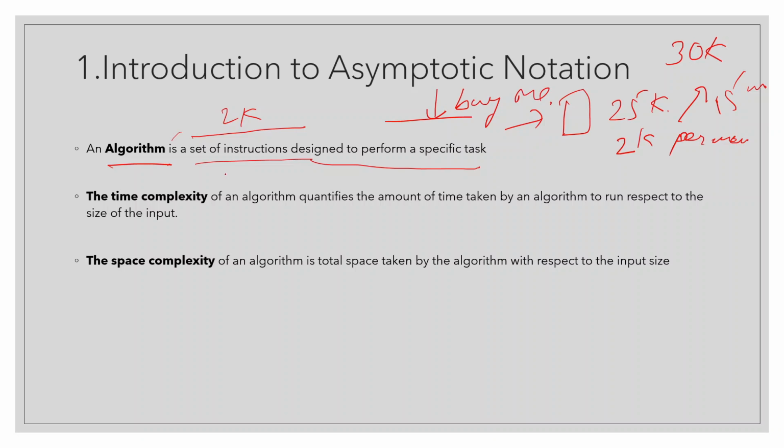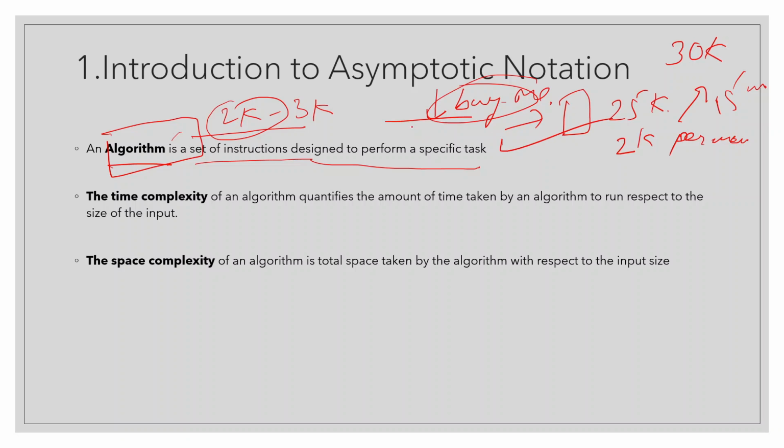The set of instructions means you make a plan like that. If I save 2 to 3k per month, after a few months I can buy my new phone. That is your instruction. Same like in a machine, you also give some instructions and perform some tasks. That particular work we can call an algorithm. I hope you understand what an algorithm actually means.